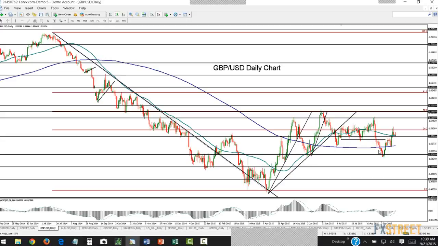So we saw some weakness in the pound dollar because of the selling of the pound and buying of the U.S. dollar, and I see that continuing to be the case. Even though we didn't have a rate hike, we're still looking for the U.S. to hike before the U.K., and therefore we should see further downside.